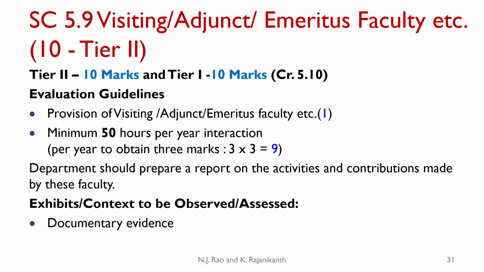And these people should give 50 hours per year of interaction. So per year to obtain 3 marks, and over 3 years you can have a maximum of 9 marks. Even if you have a large number of these visiting faculty, still the maximum you will get is 9 marks for this. So it becomes 10 for this.